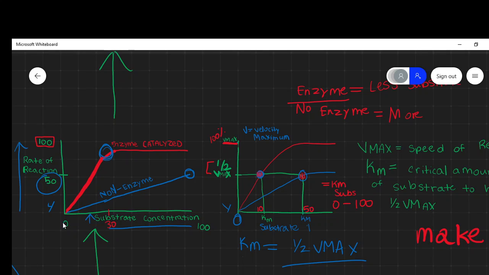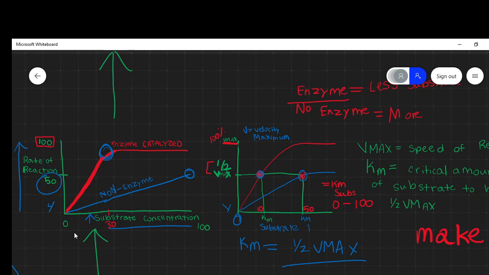The y-axis, the vertical axis, shows the rate of the reaction. When the reaction is going at 100%, the maximum speed it can go, it's called Vmax, or the maximum velocity. Another important measurement is 1/2 Vmax, or 50% of the rate of reaction, half of the maximum velocity.